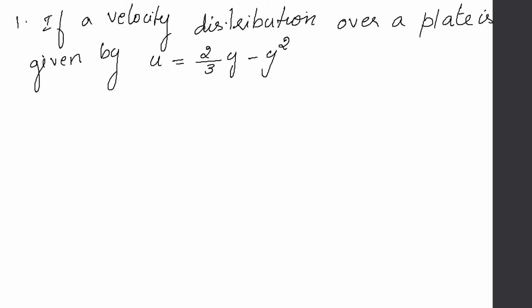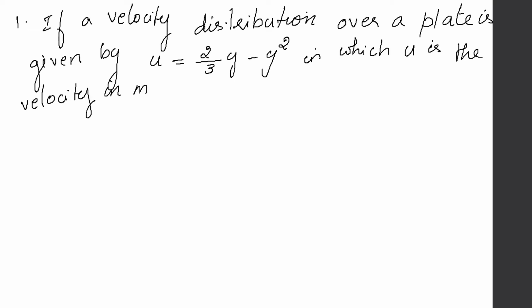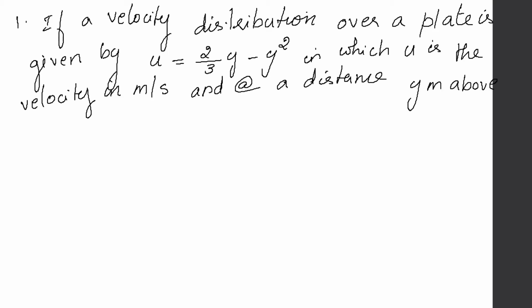We know in the velocity profile u is the velocity of the layers and y is the distance between the adjacent layers of a fluid, in which u is the velocity given in meter per second, and at a distance y meter above the plate.